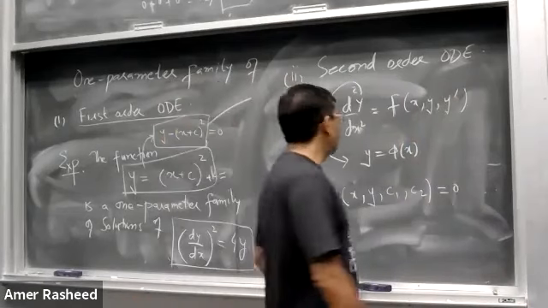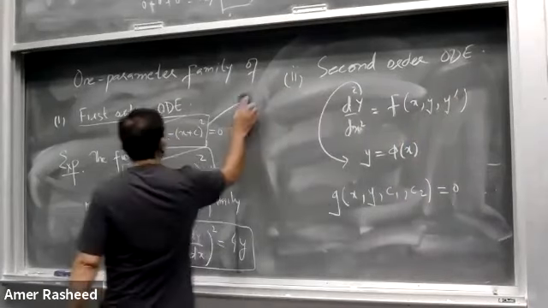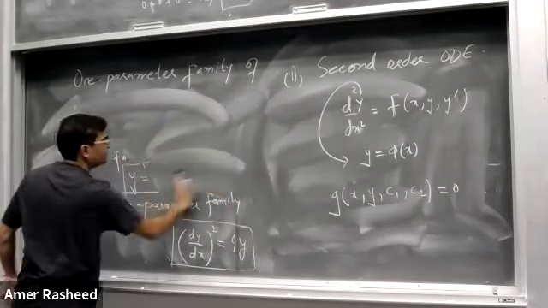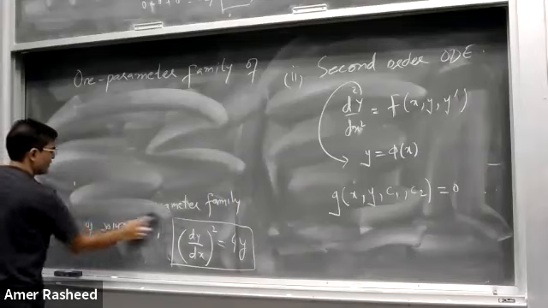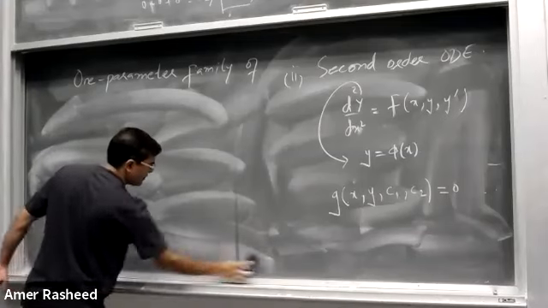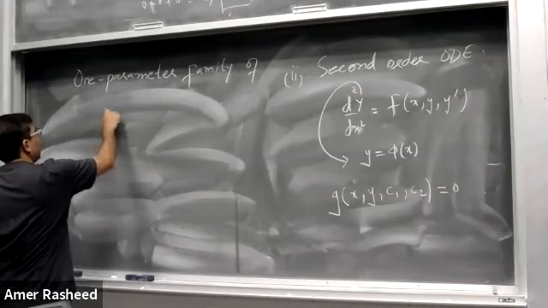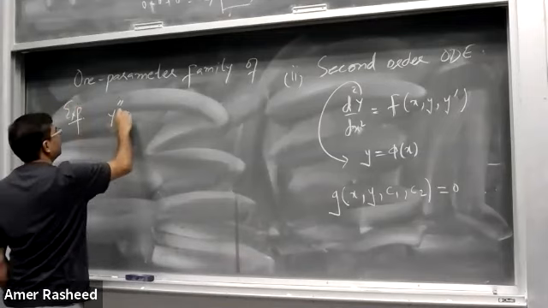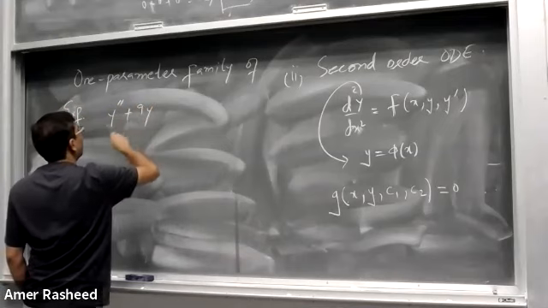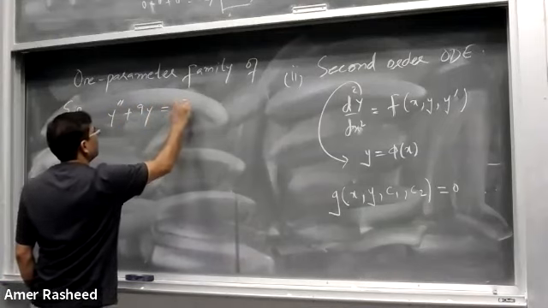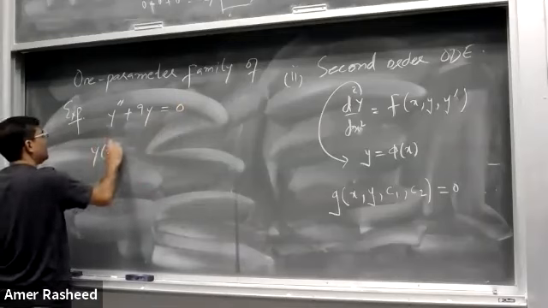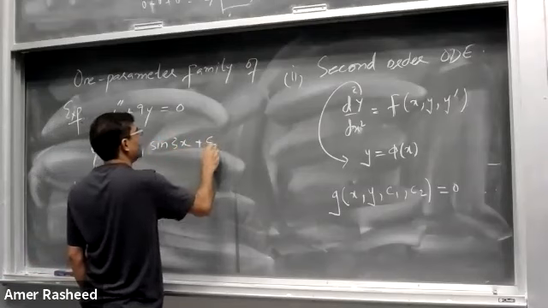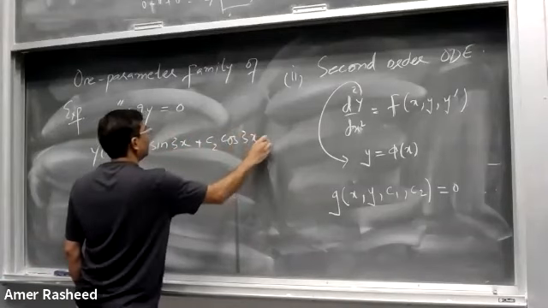Okay. For example, let me give you a similar kind of example. अगर आपके पास यहाँ पे एक इक्वेशन है y double dash minus 9y plus 9y is equal to maybe 0, then y of x is c1 sine 3x plus c2 cosine 3x.